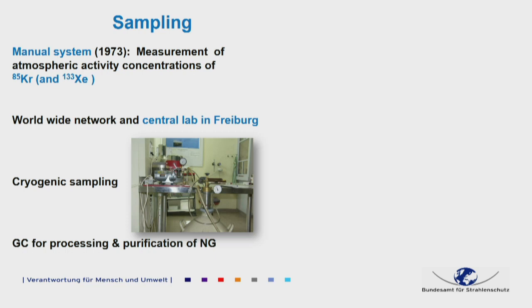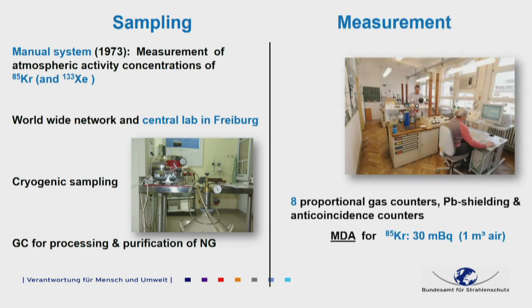After sampling, the noble gases are processed and purified using gas chromatography. The activity concentration of krypton-85 is then measured in 8 proportional gas counters, which are lead shielded and have anti-coincidence counters installed as well. The minimum detectable activity for krypton-85 is typically 30 millibecquerels for a 1 cubic meter air sample.